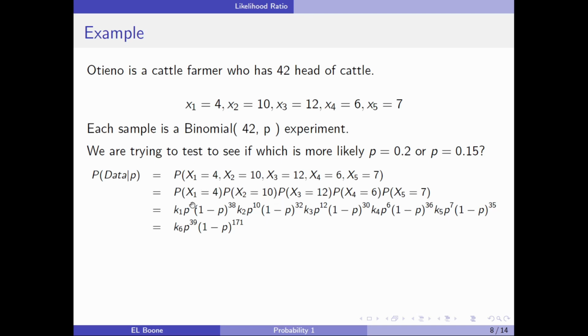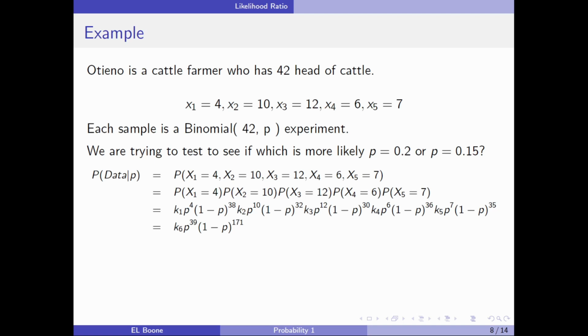So that's a probability that x1 would have measured 4, x2 measured 10, and so on down the line. Now, instead of putting all the binomial parentheses in, I just put in here K1, K2, K3, K4, and K5 for, like, here would be 42 choose 4, and then here 42 choose 10, here 42 choose 12, because in the end they're going to end up canceling out.